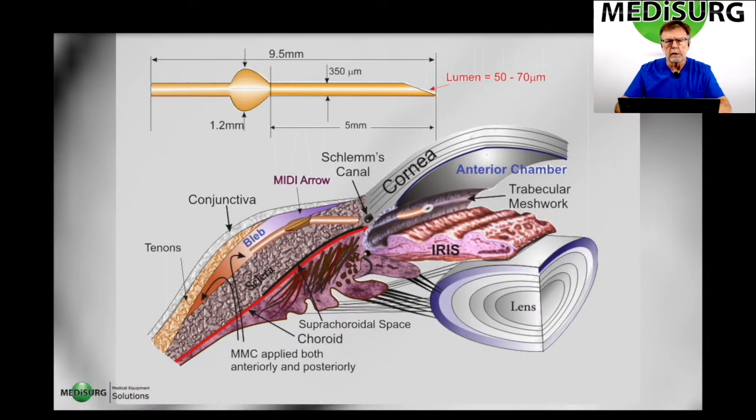This is a cross-sectional view of what the eye looks like. So you can see the conjunctiva on the outside, and then you have your cornea, your iris, your lens. It gives you an idea of how the whole eye works as a system. And there's an area there called the trabecular meshwork.